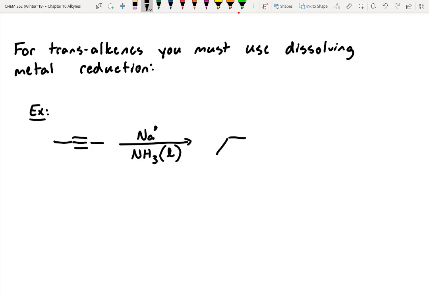And in this reaction, you can also make an alkene, but this time it will be anti-addition. This actually goes through a radical anion intermediate. We haven't even talked about radicals yet, so we're going to talk about this later when we get into radical chemistry. So this will give you the trans alkene only.